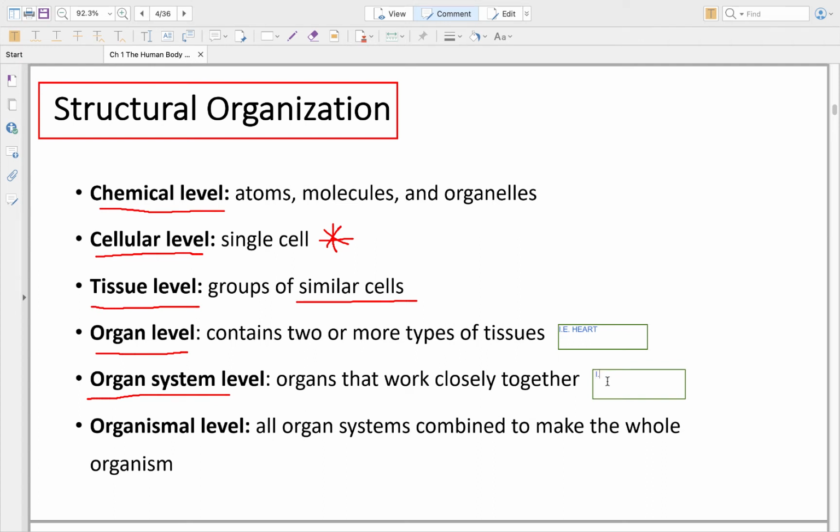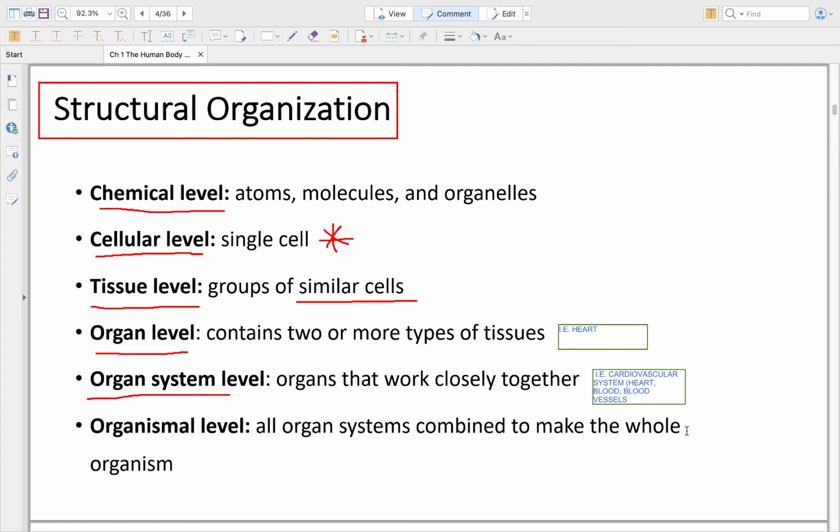Okay, so technically, an organ system is a group of organs that work together and they have the same function. Okay, so that would be, if we're referencing the heart, then it's going to be the cardiovascular system, and it contains the heart and your blood and all of your blood vessels.